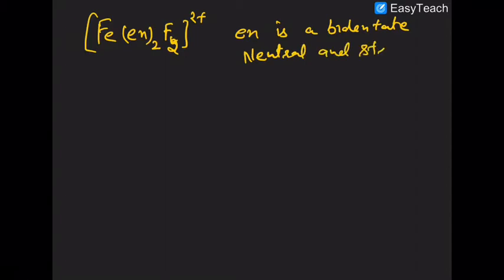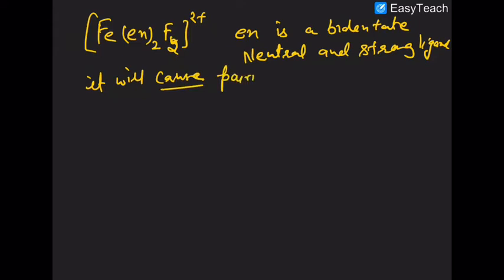Now consider this case. Here en is a bidentate neutral and strong ligand. So it will cause pairing of electrons.